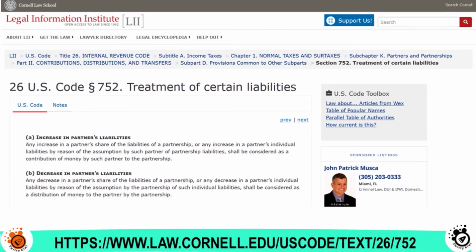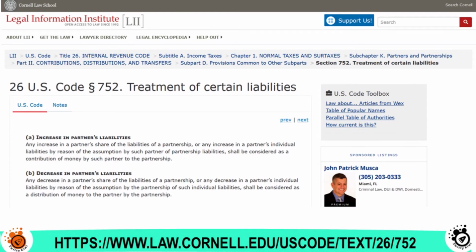Section 704(d), I'm actually showing you right now on the screen, courtesy of Cornell Law School, Cornell University. And we're showing you the link as well as the snapshot of it. And if you want more information, I would strongly advise you to go there. We actually have two snapshots.